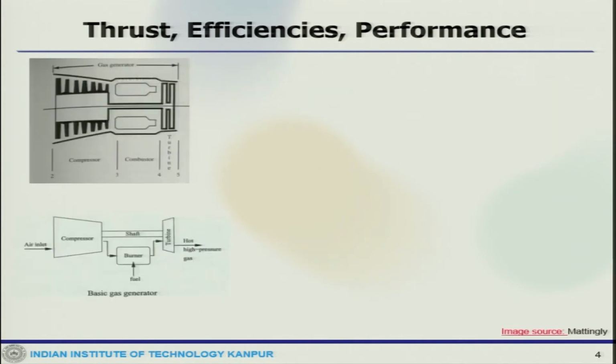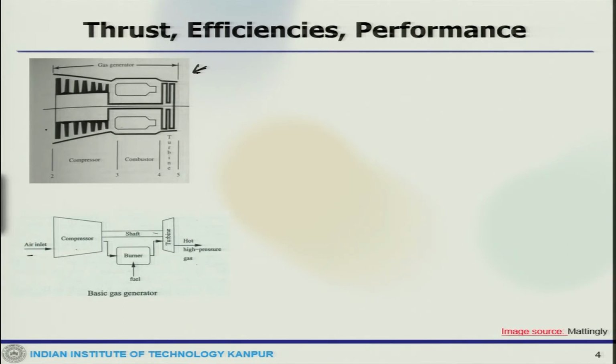Now, when you look at this basic gas generator, air comes in, passes through the compressor, then combustion takes place, hot gas goes to this turbine, then this turbine is connected with the shaft to the compressor. If you look at the cut section here, this will give you a very nice picture of the engine. So, this component from the compressor, combustor, turbine, this is what we call the basic gas generator.